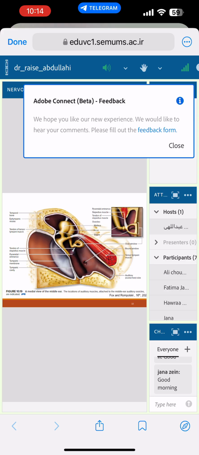This is a stapes. This is the opening of the oval window. This is the round window. This muscle is important, the tensor tympani muscle, okay?